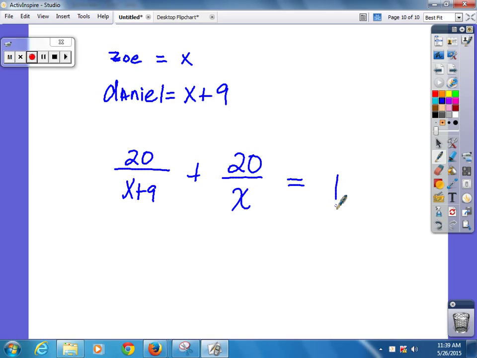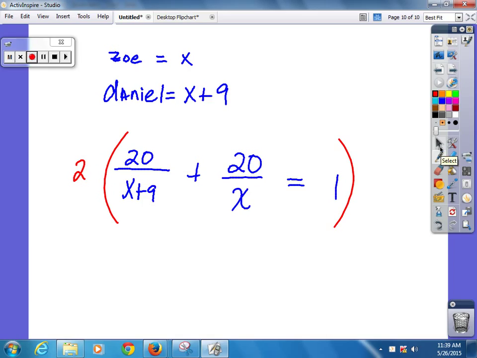Now you could do it by setting it equal to 20, and then it would just be 1 over, but you don't have to. That's how I usually show it. But then you'd have big numbers.